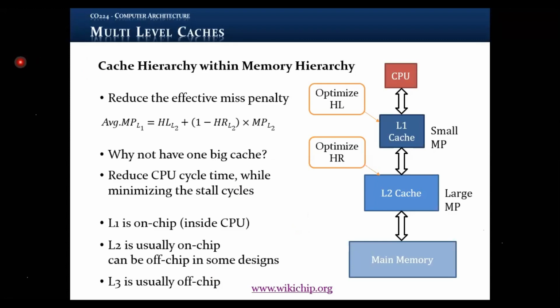Before we go into the next one, I'd like to show you some figures from real implementations. This website, wikichip.org, is a very good site, so I recommend you go there. Just make a note of that. It's in the lecture slide as well. It has a lot of details about the CPU and memory architectures of various real CPUs.